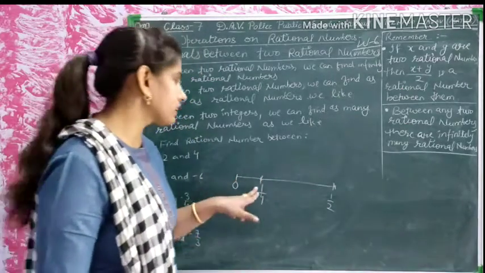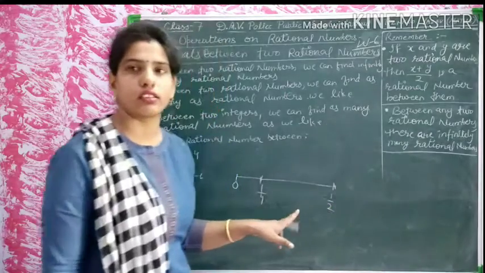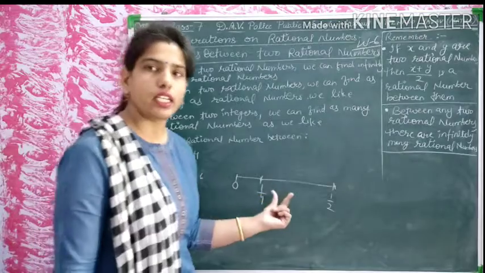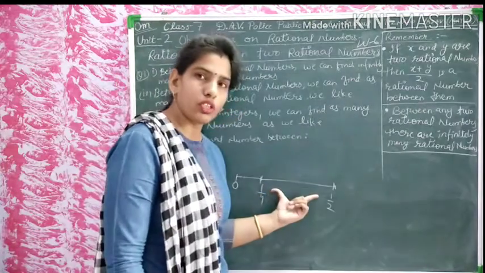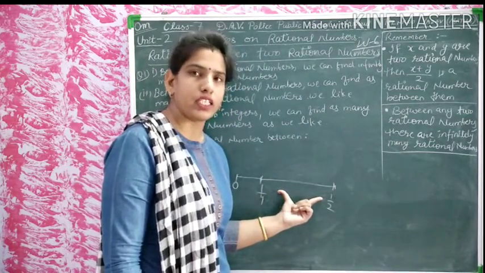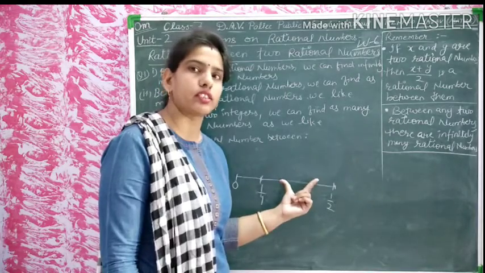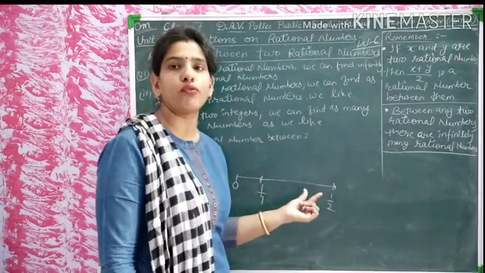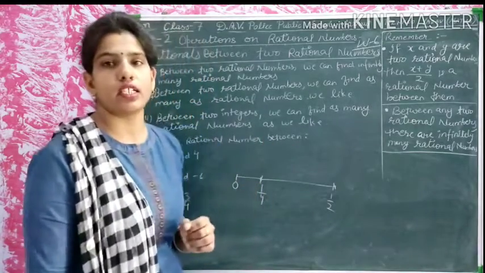So students, we are seeing there in the number line that between two numbers, any rational number, irrational number, integers, anything else, between two numbers we can find so many rational numbers.